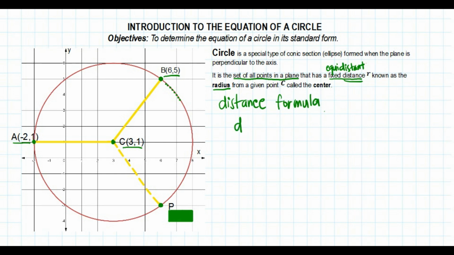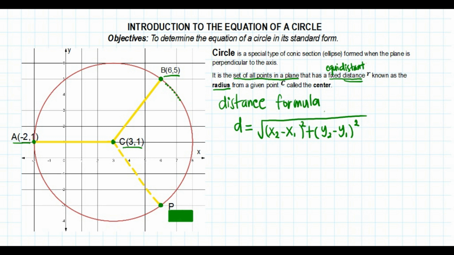Now, the distance formula goes like this. D, or distance, is equal to the square root of the sum of the squares of x sub 2 minus x sub 1 and y sub 2 minus y sub 1.